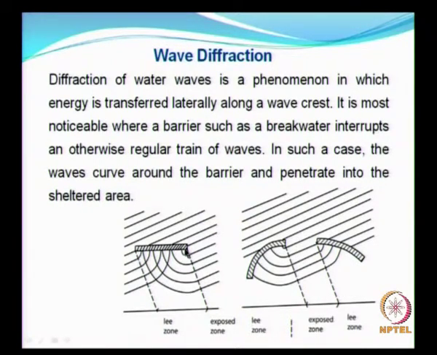So naturally the energy on the lee side of the breakwater will be much less compared to this area, because these are unobstructed areas wherein the magnitude will remain same, this area too, only here the energy will be less compared to on either side of the barrier.